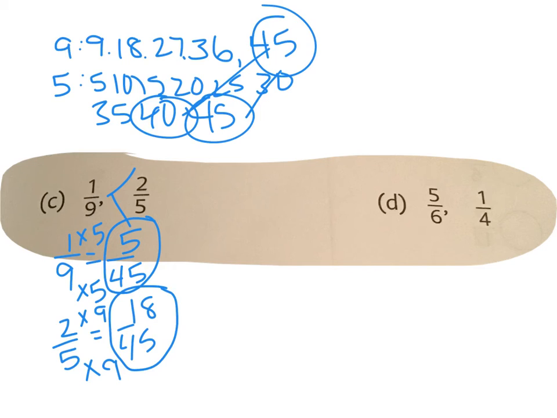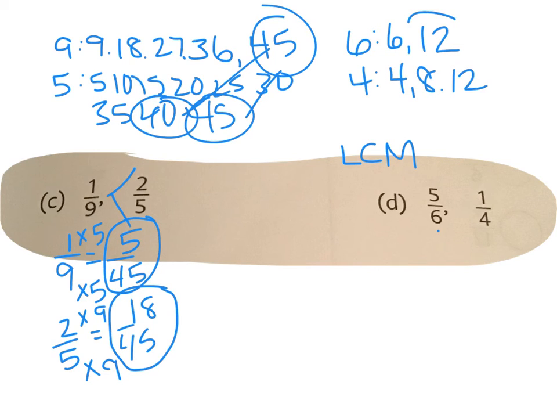All right, let's go down over to this one. What is the lowest common multiple? If I multiplied 6 times 4, it's 24, but I know there's a smaller one. So 6 and 4, 6, 12. Oh, I know 4 goes into 12, so 4, 8, 12 is the common multiple.